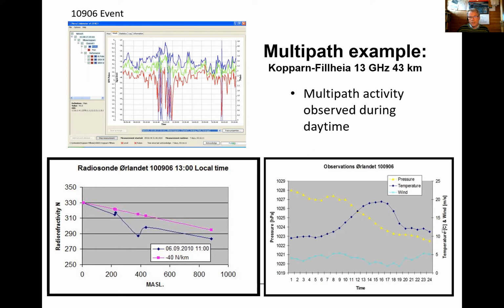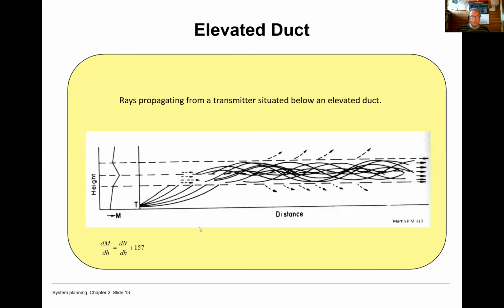And if we look at the weather at that time, we see that we have a large variation in temperature during this period. And that large variation in temperature gave us this duct. Elevated ducts, then you have normal propagation here, and then you have a thicker area here.